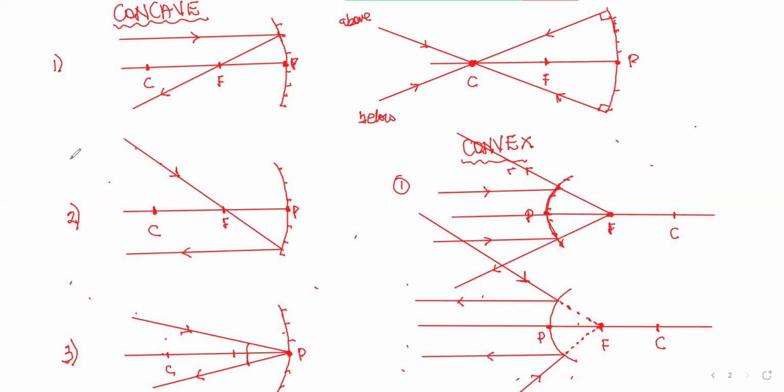So I can clear this part and then use broken lines because it's virtual. The ray appears to be diverging from F. So this is how the first and second rules apply to convex mirrors. Is that understood?